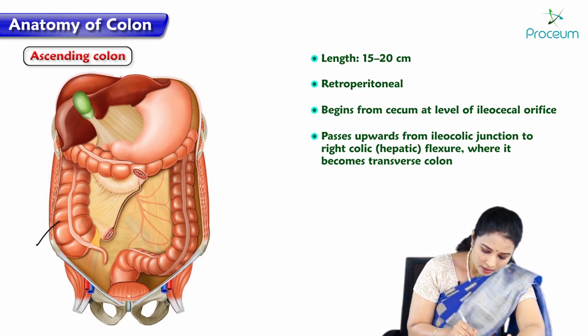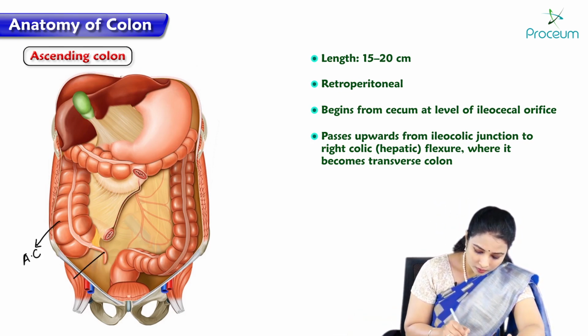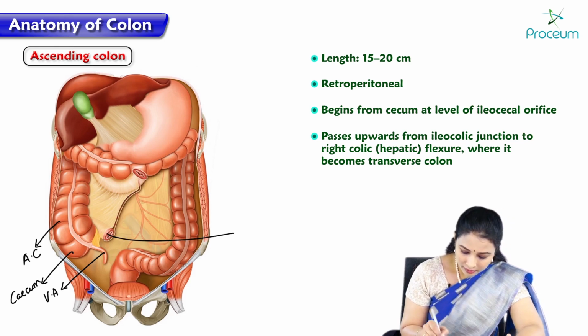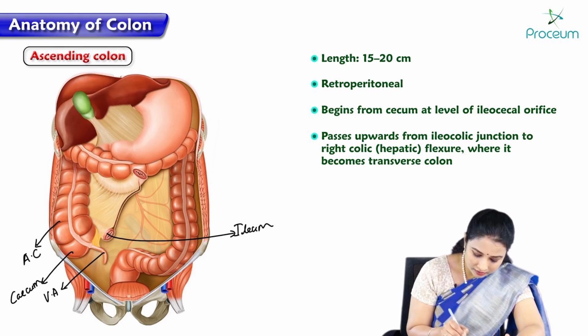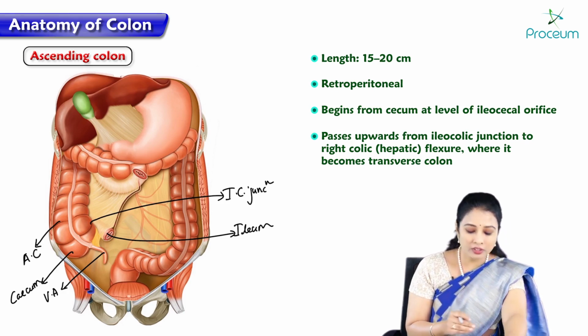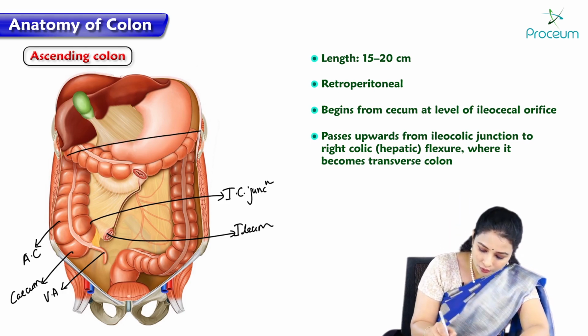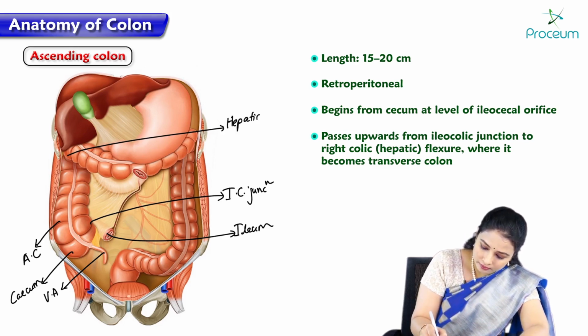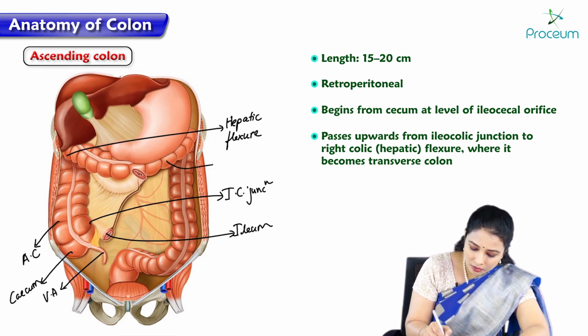This is the ascending colon, this is the vermiform appendix, and we can see the cecum, the terminal part of the ileum, and the ileocecal junction. From the ileocecal junction to the hepatic flexure is the ascending colon. Further it turns to form the transverse colon.